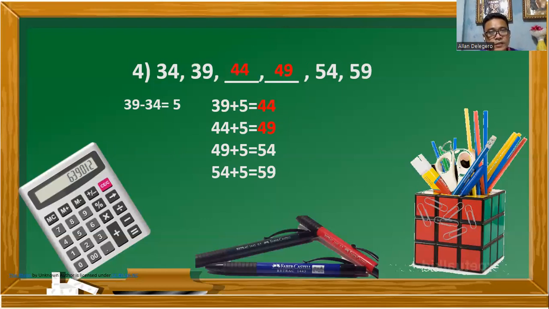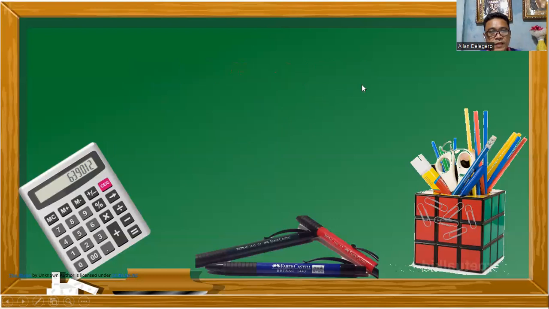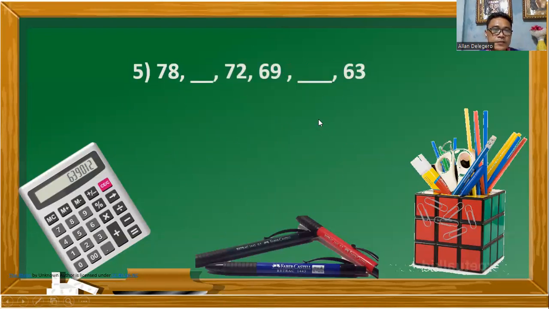So 39 plus 5 is 44. 44 plus 5 is 49. Then 49 plus 5 is 54. 54 plus 5 is 59. Next.